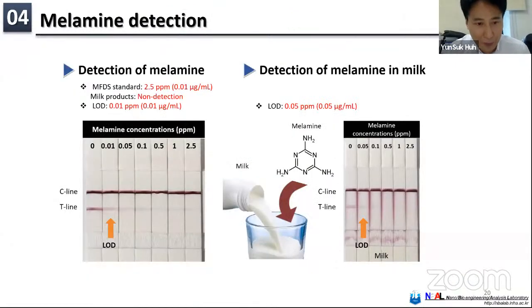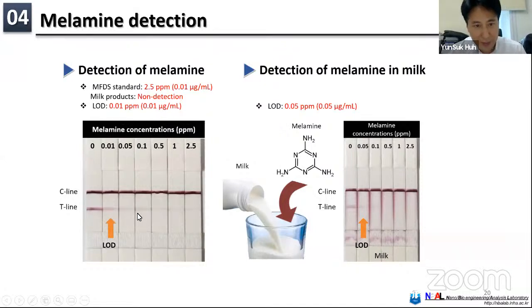Another cross-check technique is the RFA technique for the detection of melamine. We prepared melamine at different concentrations from 0.01 ppb to 2.5 ppm. As shown in the slide, we can successfully detect the melamine sample.